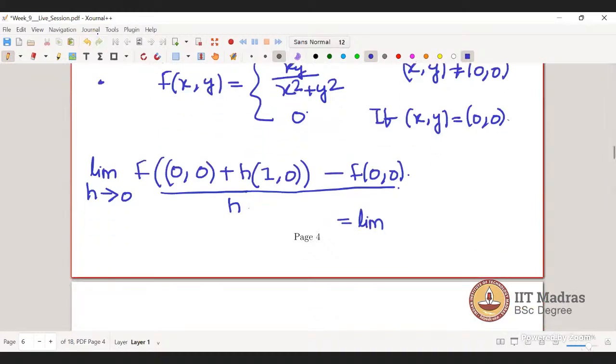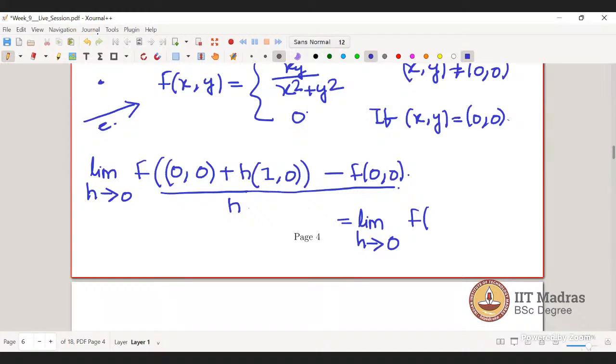So what will be this value? Where does the (1, 0) come from? This is the definition. We are taking the partial derivative with respect to x, so you have to take the unit vector in the direction of the x-axis.